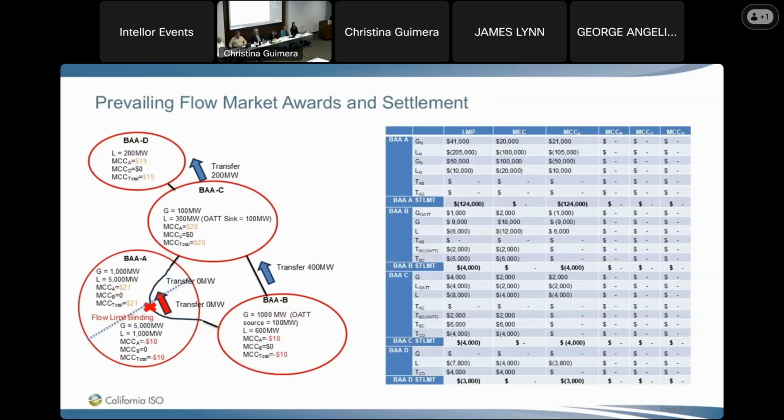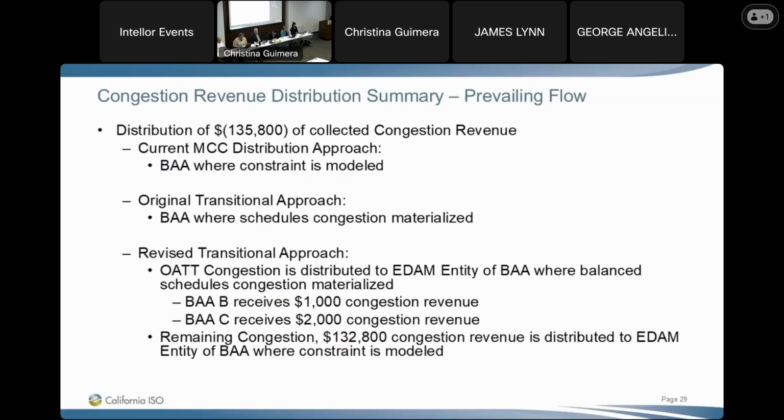Okay, so what it translates to is that BAB is going to get $1,000 of congestion revenue distributed to it. That represents the 100 megawatts of OAT schedule times the negative $10 marginal cost congestion price.